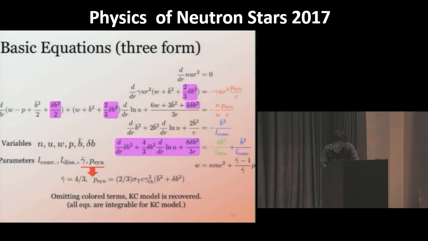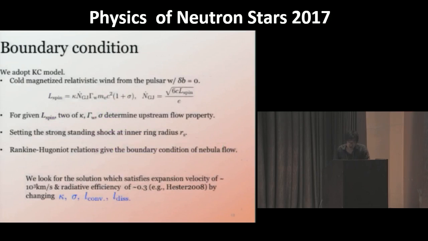Okay. And we also need the boundary condition for the system, but we follow the Kennel and Coroniti model, so for the boundary quantities we only require two parameters.